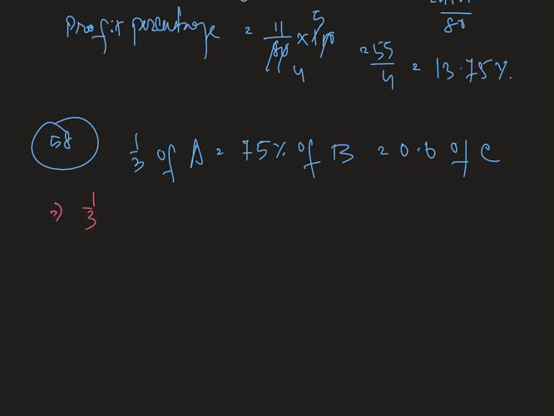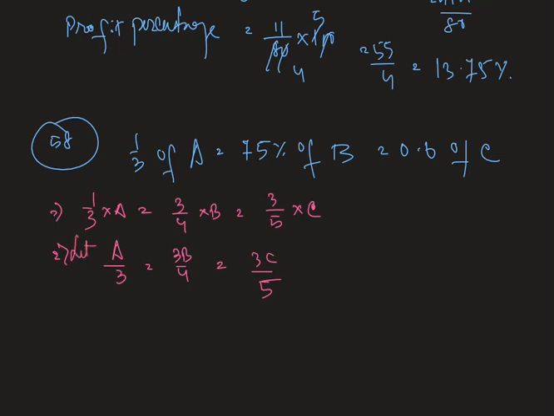Now 1/3 of A can be written as 1/3 into A, because 'of' means into. 75% means 3/4 of B, and 0.6 means 6 by 10, that means 3 by 5 of C. So we get A by 3 equals 3B by 4 equals 3C by 5.